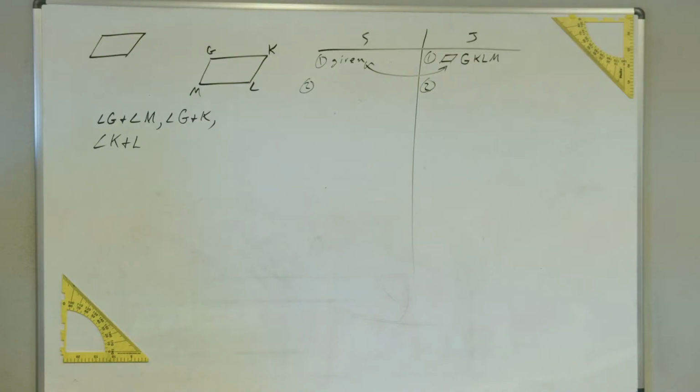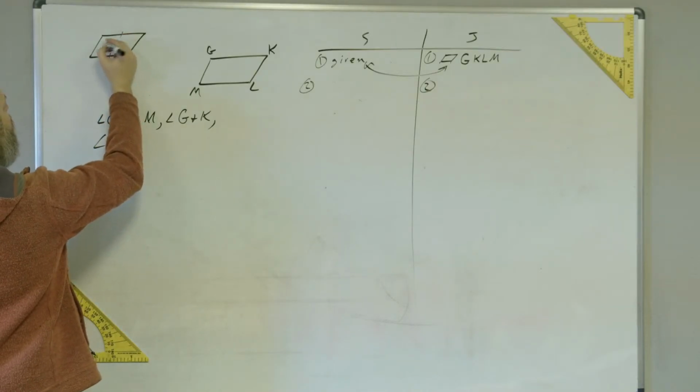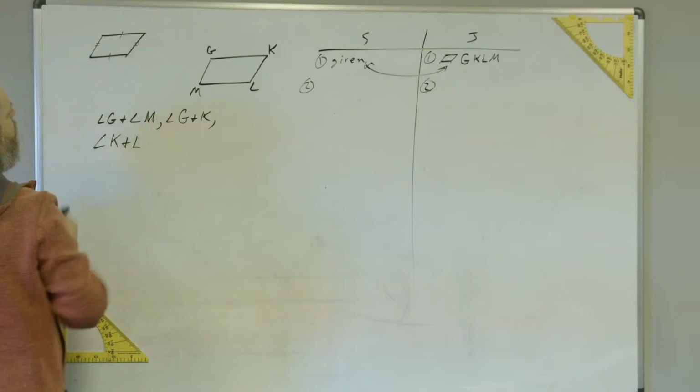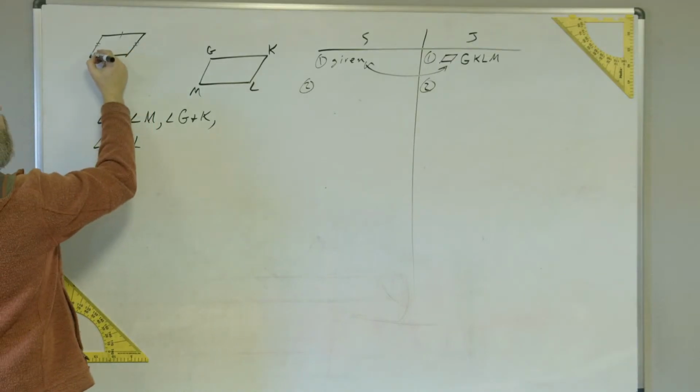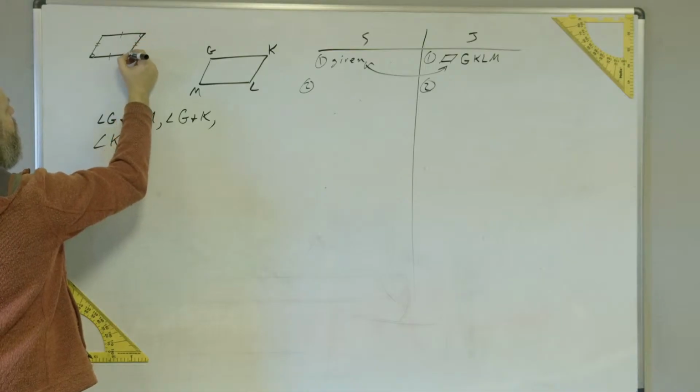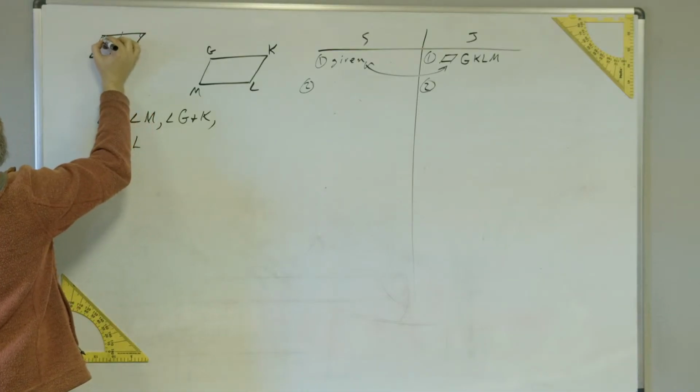What else do we know about parallelograms? We already said two of the things, so what were they? Opposite sides are congruent, true enough. What else? Opposite angles are congruent. This one is congruent to this one, and this one is congruent to this one.